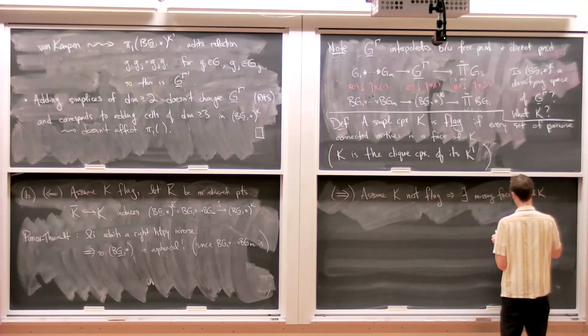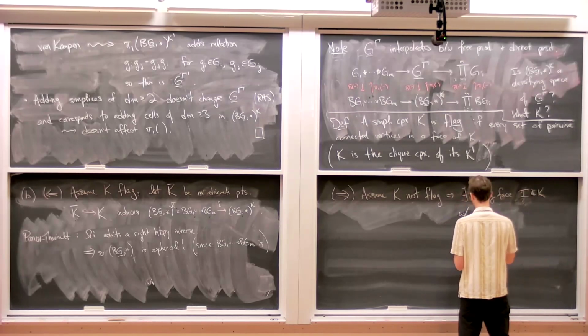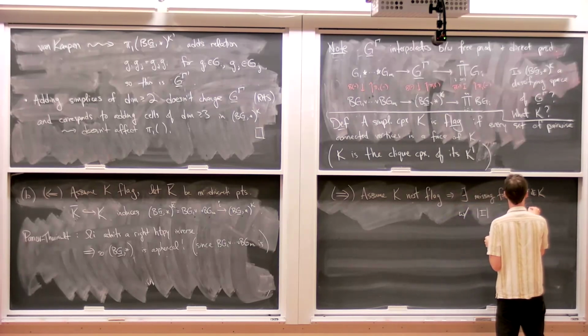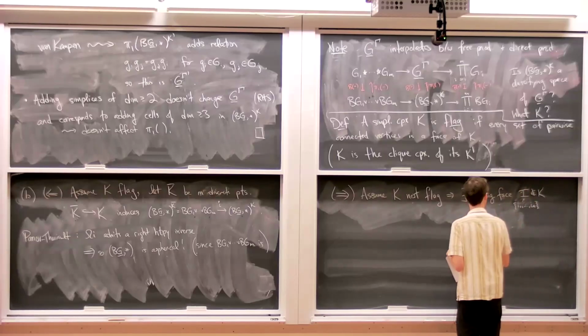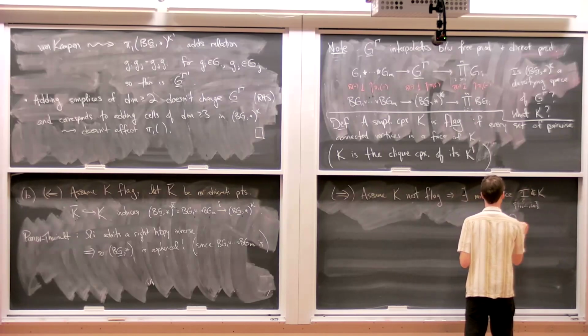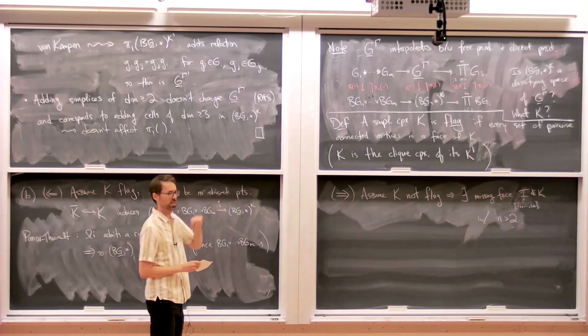So a non-face of K with cardinality, let's call that N, is I1 to IN, some set of vertices, with N bigger than 2. That's what it means to be not flag, if you think of this definition, right?